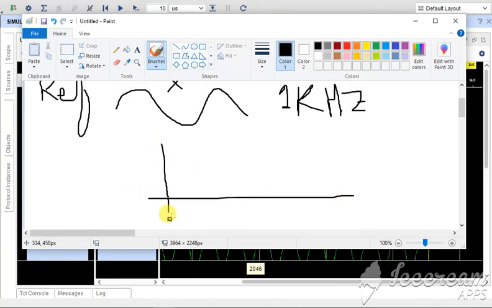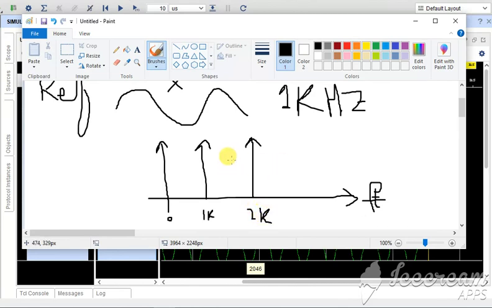This is our 0 hertz DC component, and sorry, this is our F frequency axis. So initially we have 1 kilohertz, 1k, and 2k.